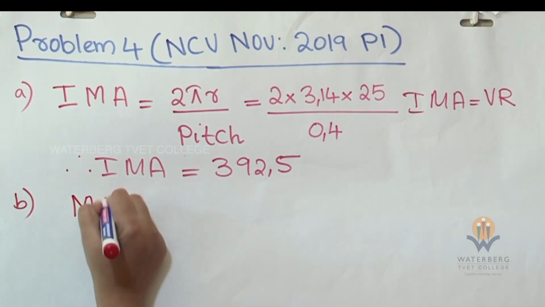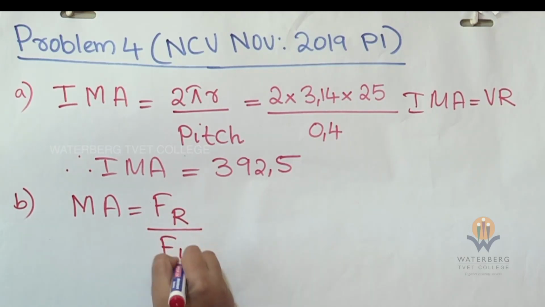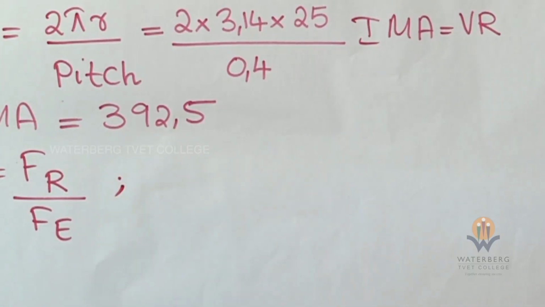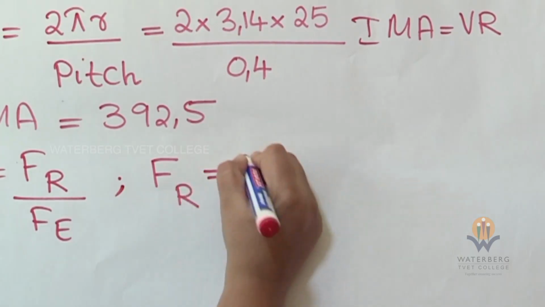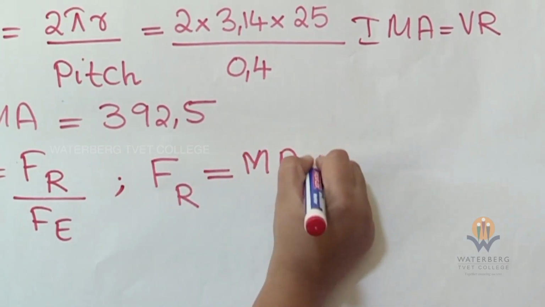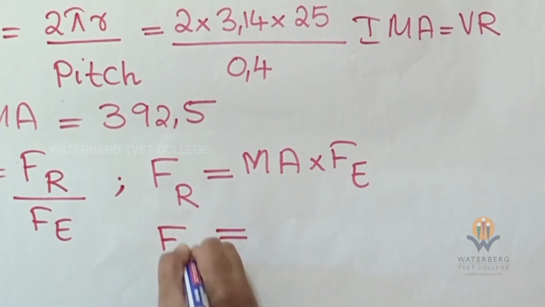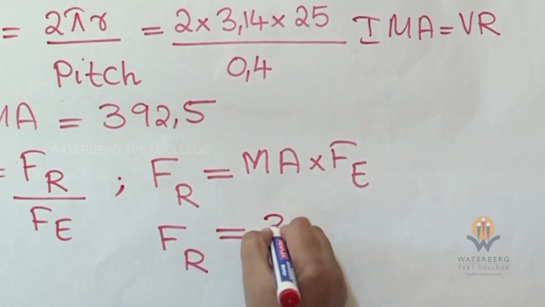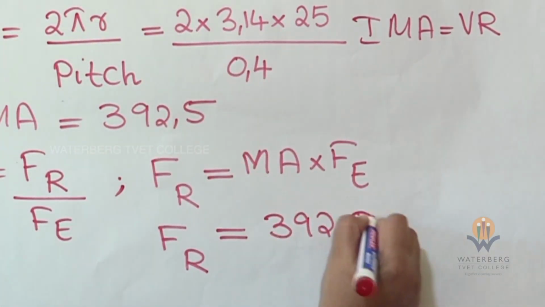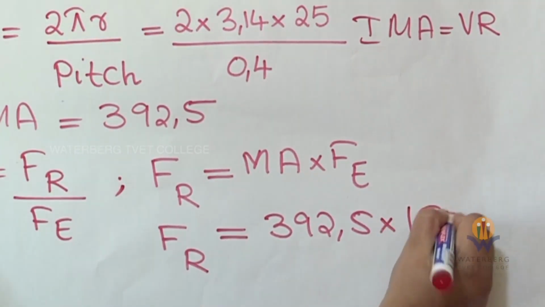Second one, the question is to calculate the resistance or the load. We know that mechanical advantage equals the load force, or resistance force, over the effort force, and we want to calculate the load force, so we change our formula. Fr equals mechanical advantage times Fe, which is 392.5 multiplied by the effort, which is 150.